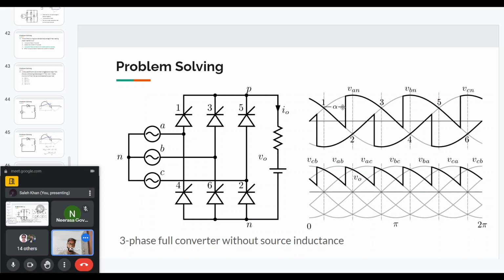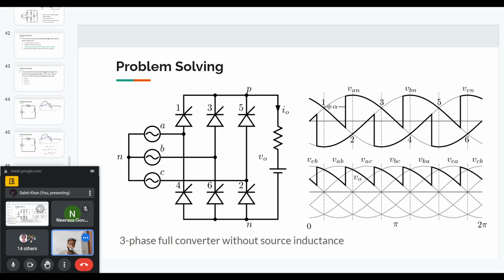So this alpha is basically from the natural commutation instant, where I've written 1. After an angle of alpha, we are turning on the thyristor 1. Then the output voltage is basically some phase voltage minus another phase voltage.